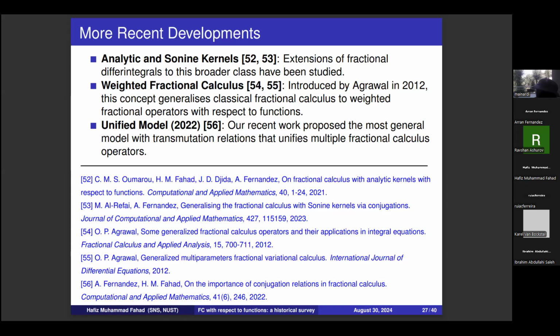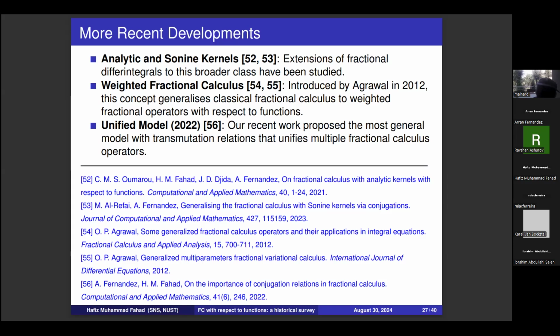These extensions offer a broader framework of fractional calculus. Another major development is the concept of weighted fractional calculus introduced by Agrawal in 2012. This approach generalizes classical fractional calculus by incorporating weight functions, leading to weighted fractional calculus with respect to functions.